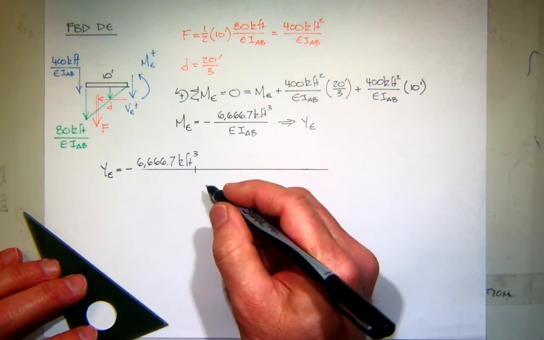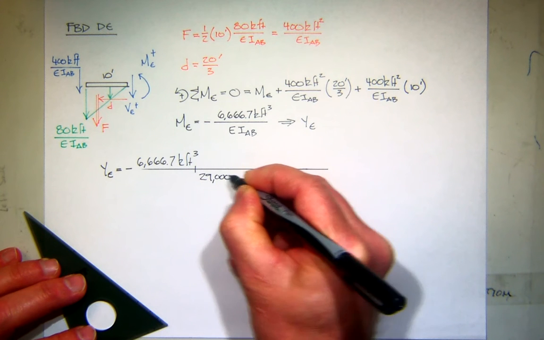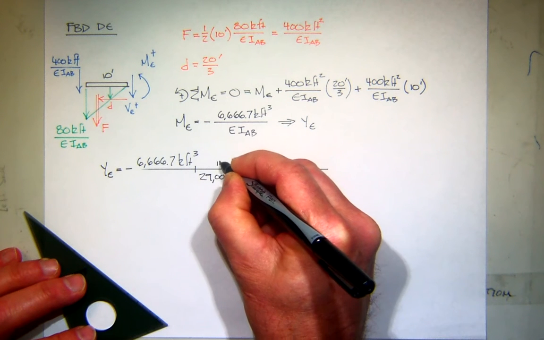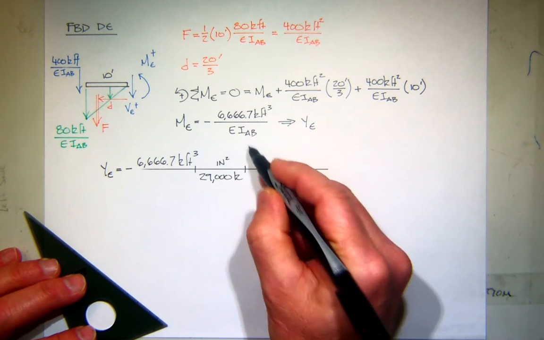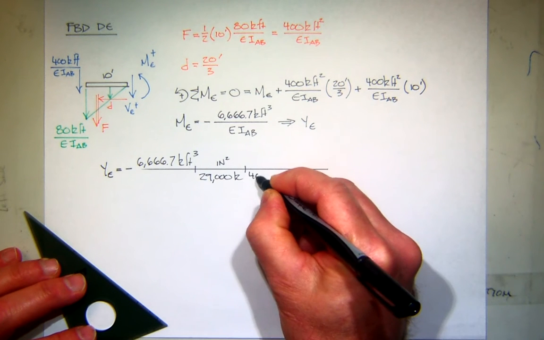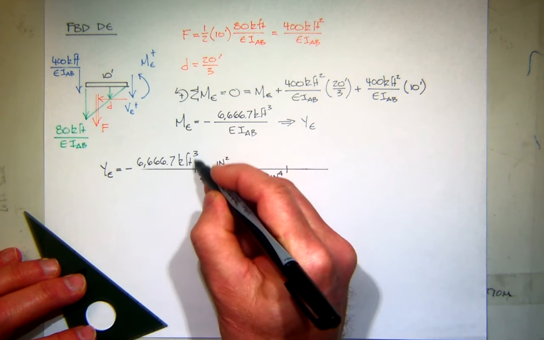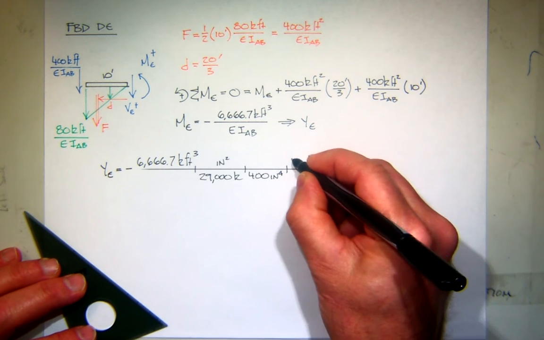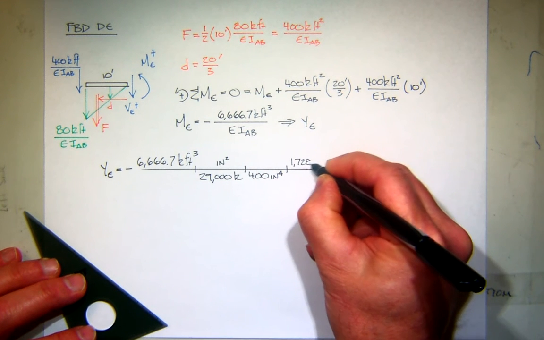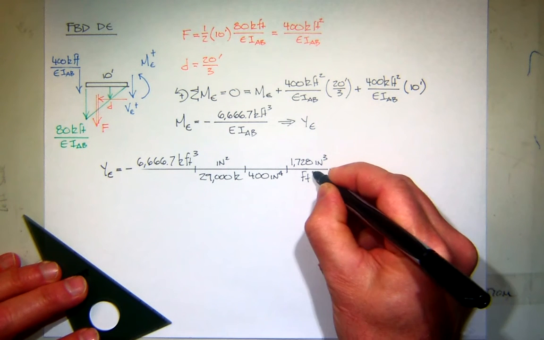So our E value is 29,000 kips per inch squared. The I of AB is 400 inches to the fourth. And then cubic feet, that's 1,728 cubic inches. That's 12 cubed in a cubic foot.